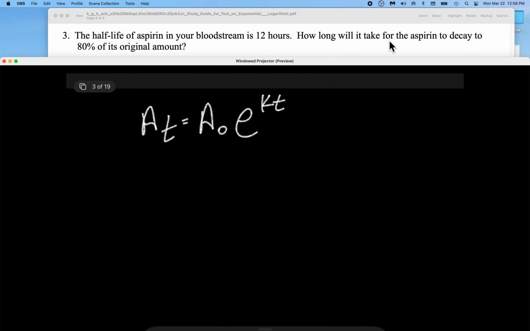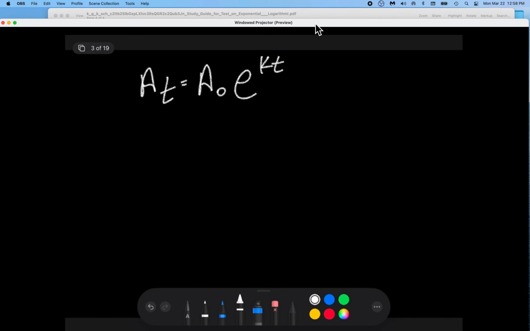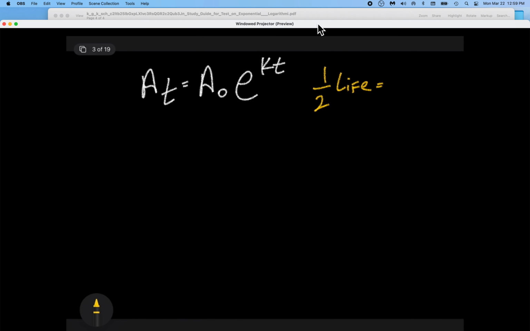In this case, they want to know the time it will take to decay to 80%. But let's do part one. Let's find the model. Now, again, as I allude to in my other video, when they tell you that the half-life equals 12 hours, that is a huge amount of information. Here's why.